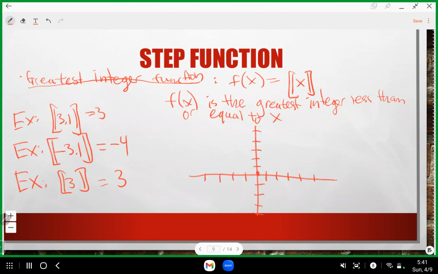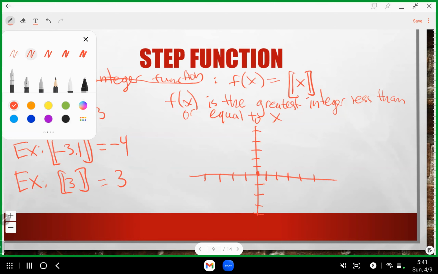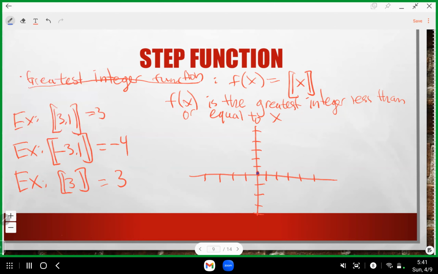It's still going to be 0 because it's the greatest integer less than or equal to that 0.99999. Let me do this in a different color, blue. So it's like this. As long as you stay less than 1, the greatest integer function is going to be 0.